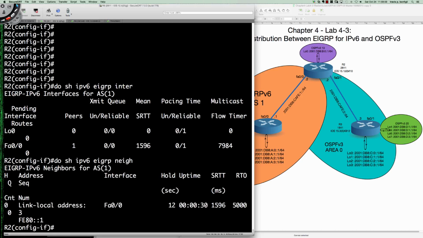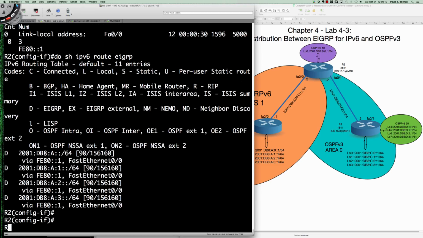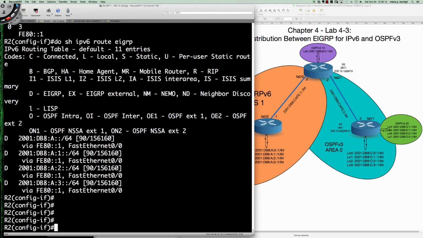And we do. We've got the neighbor relationship between router 1 and router 2. All right. Do we see any routes? Do show IPv6 route EIGRP. And there you go. So we picked up those 4 loopback interfaces that are all configured over on router 1.